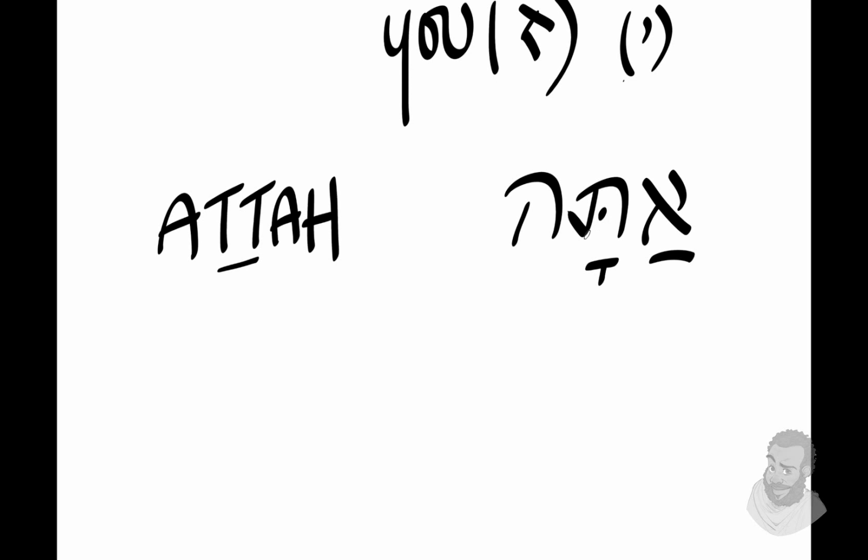People don't hold it that long any longer. A lot of these rules are out the door in modern Hebrew. Okay, so atta, you, this is male. Okay, so let's say I want to say you are a Hebrew.